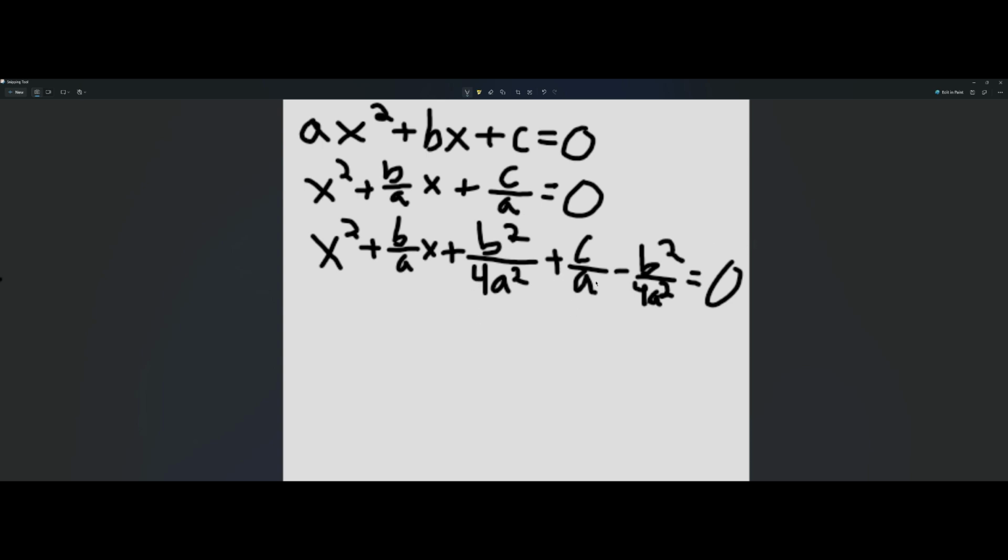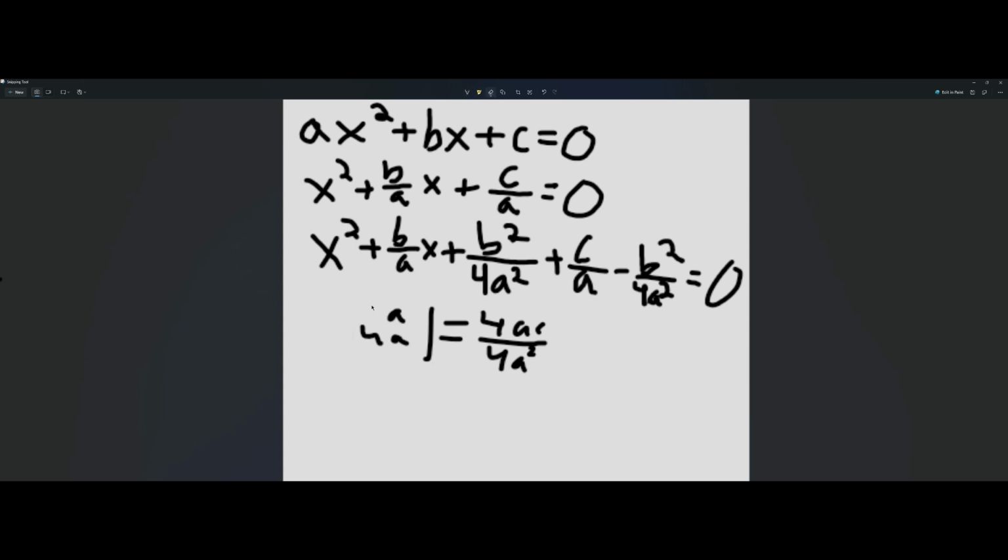But now what we can do is combine these terms, which we can do by just some simple multiplication to get 4a squared in our denominator. For c over a, we're going to have to multiply the top and bottom by 4a, so we get 4a over 4a, and our new term is 4ac over 4a squared.